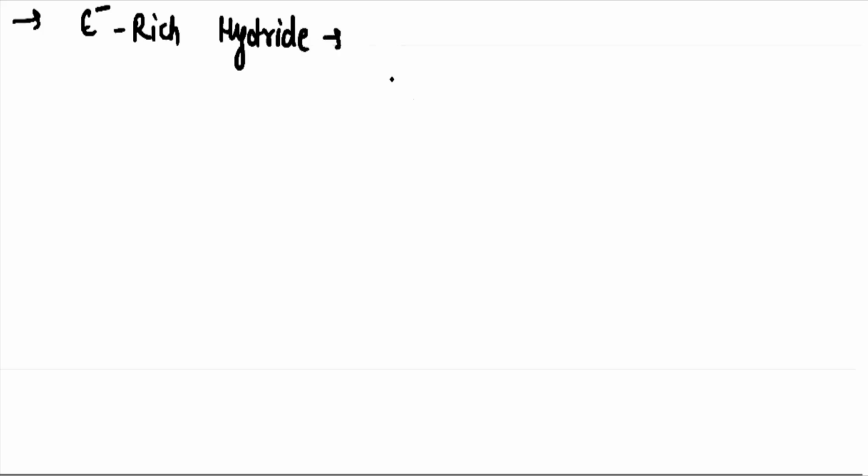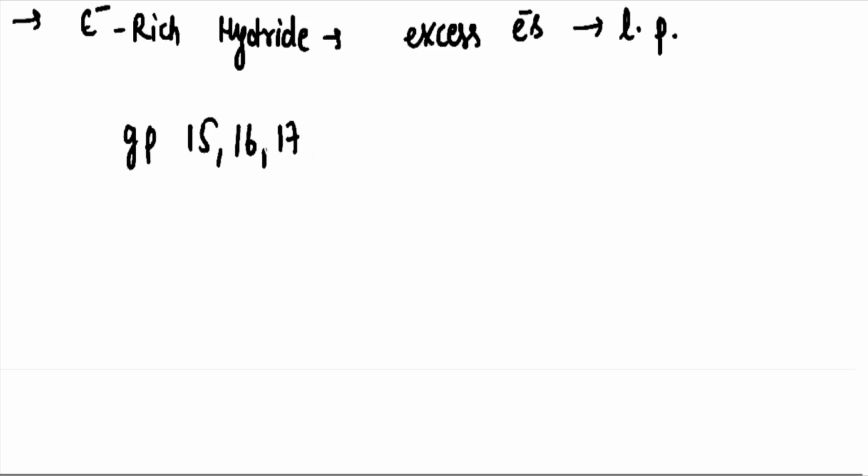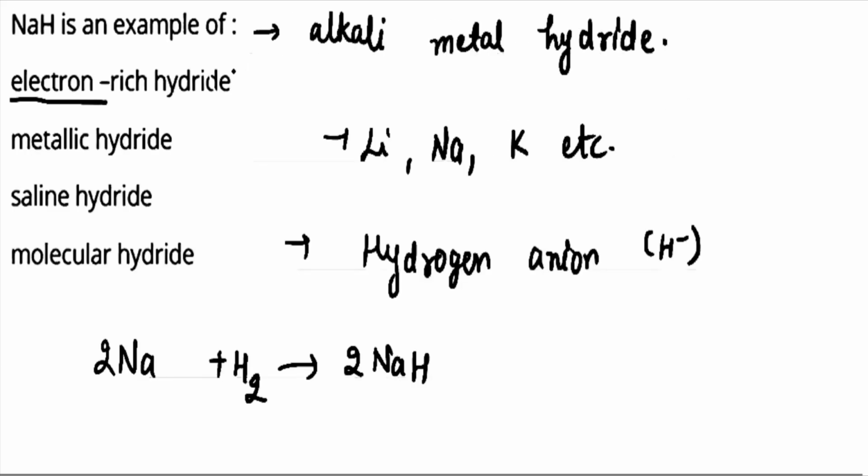These excess electrons are present in the form of lone pairs. Elements of group 15, 16 and 17 form such compounds, for example ammonia, water, etc. So this is not the correct option.